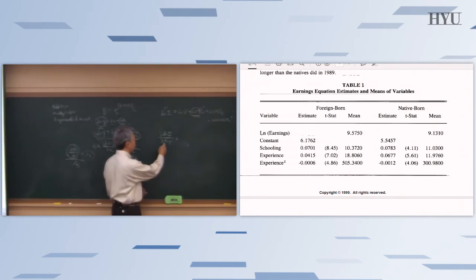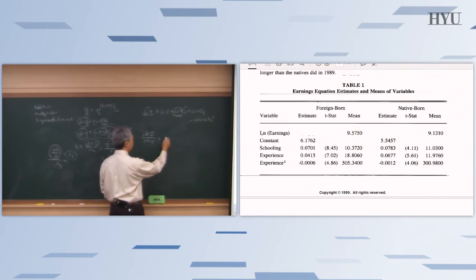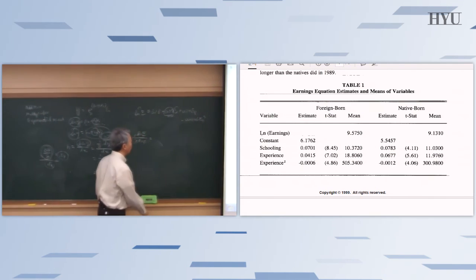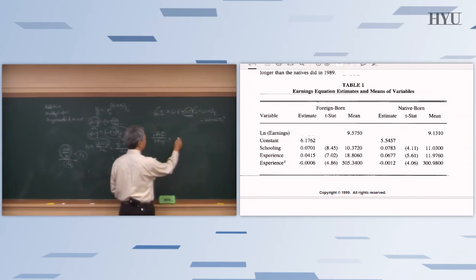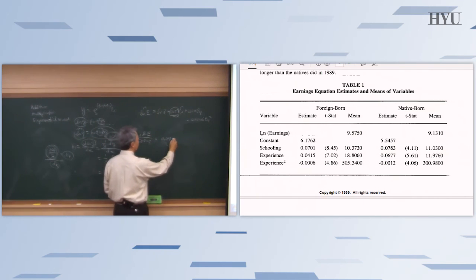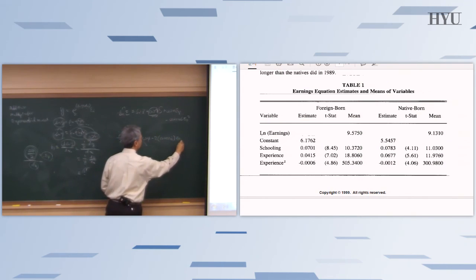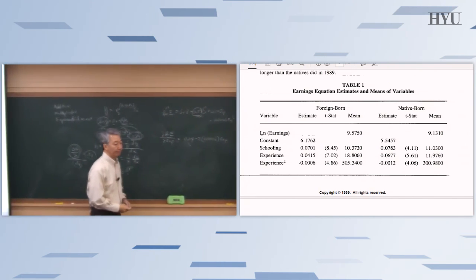What happens when you take a partial? If you take the partial of these, what do you get? 0.04 minus 2 times 0.0006 experience.